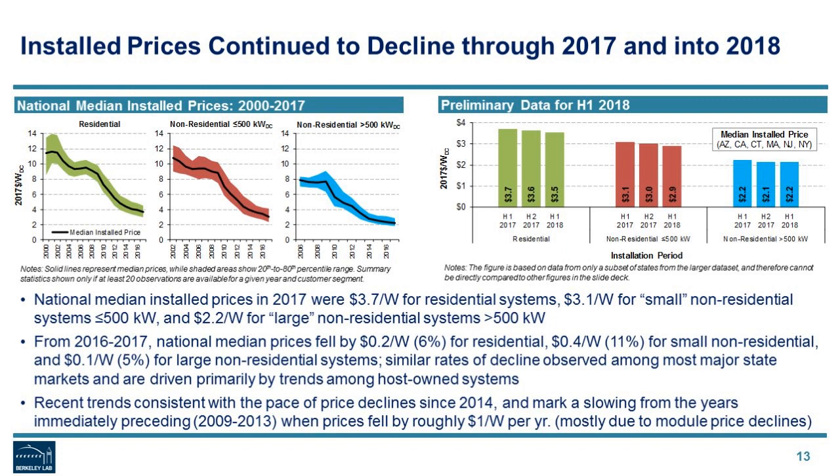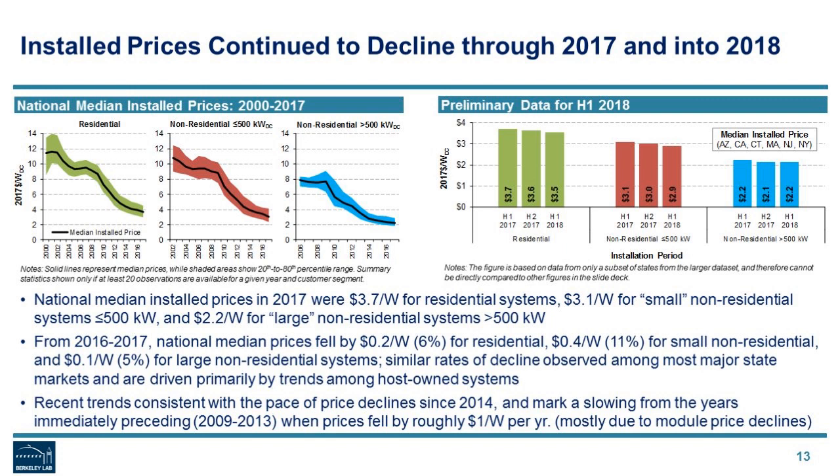You can see different periods within these trajectories where prices have either fallen quite rapidly, as they did over roughly the 2009 to 2013 time frame, or other periods where the price decline has been slower.